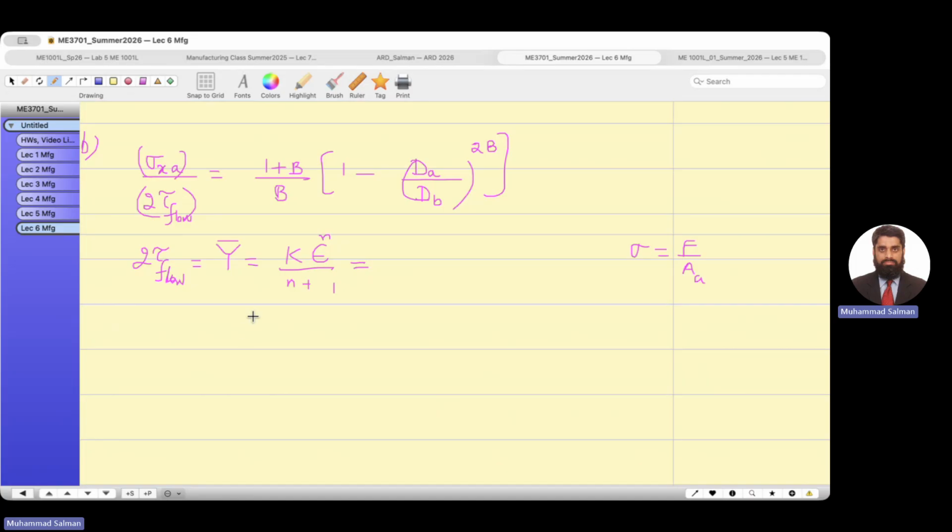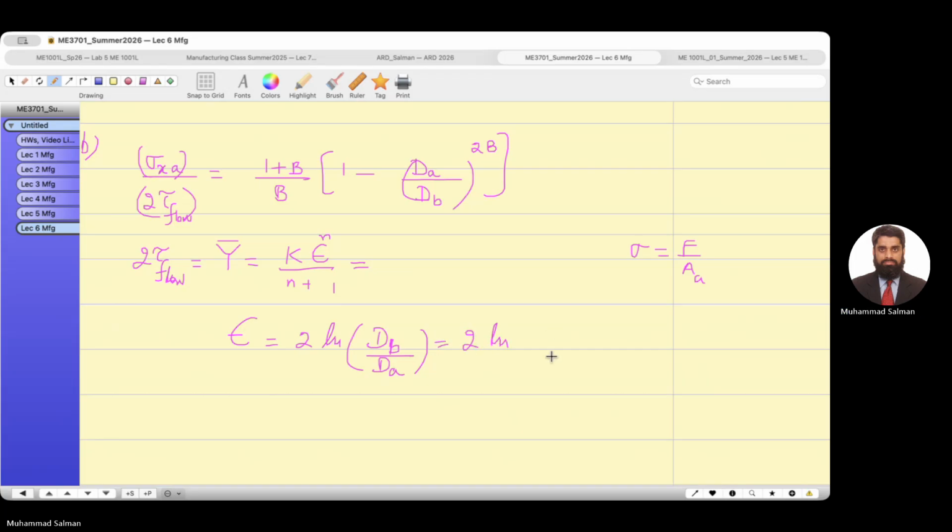Epsilon for our drawing process is equal to the area initial over area final, I would say, like this: 2 times ln. You remember the volume consistency?